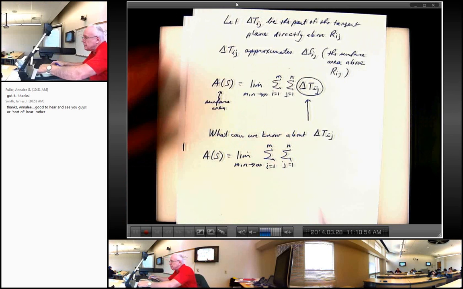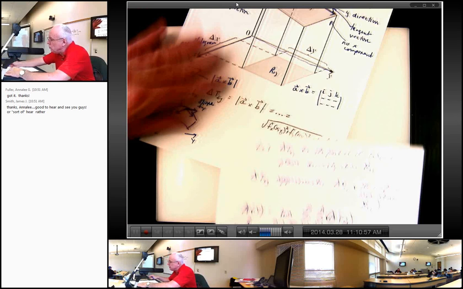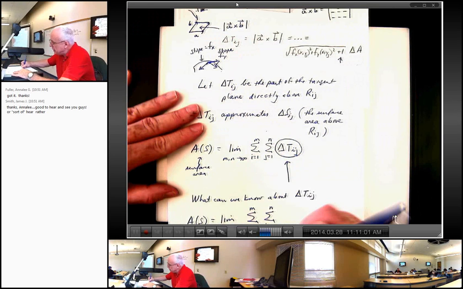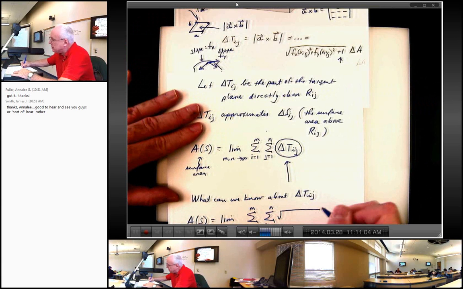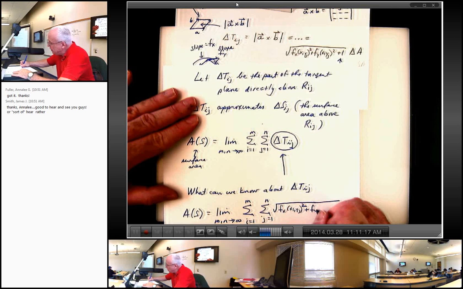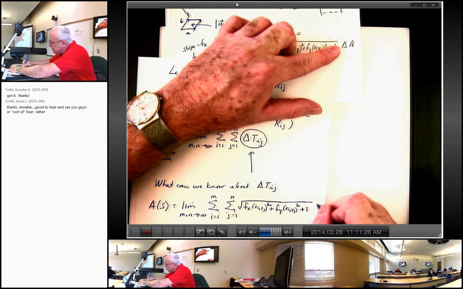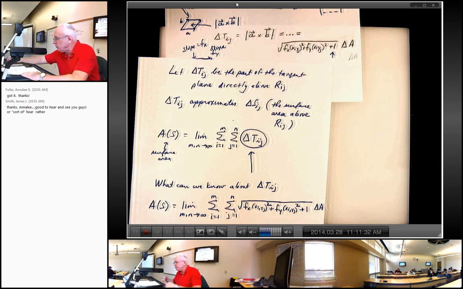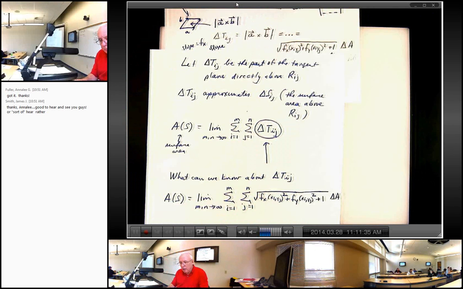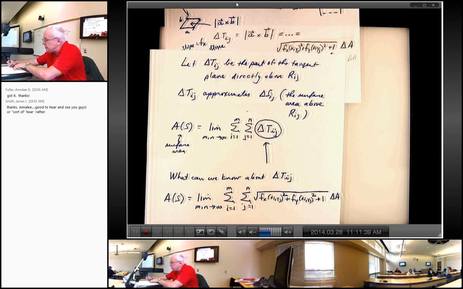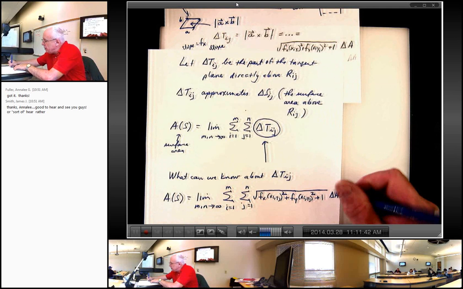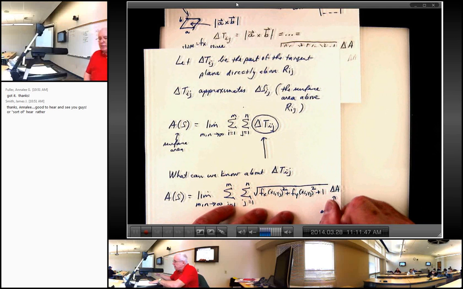In place of delta Tij, I am going to put this new formula: the square root of fx at xi, yj squared plus fy at xi, yj squared, plus 1 under the radical, multiplied by delta A. And delta A is the area of the subrectangle Rij.